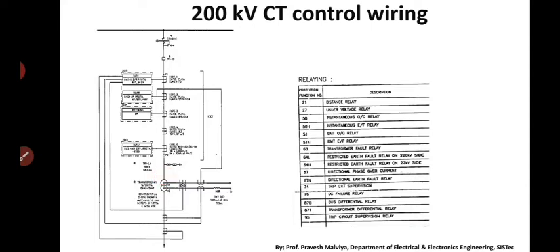Now what are these? Again, this entire section is the current transformer, CT. These are the cores of the transformer: core 1, core 2, core 3, core 4 and core 5.